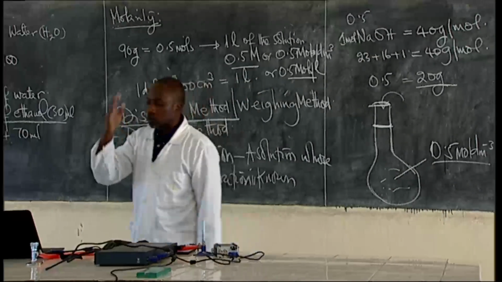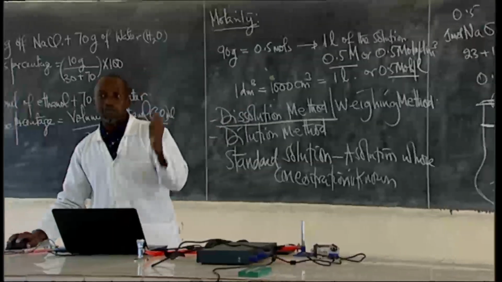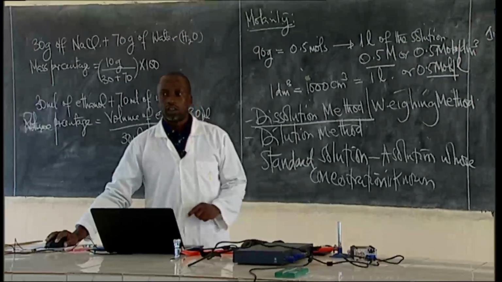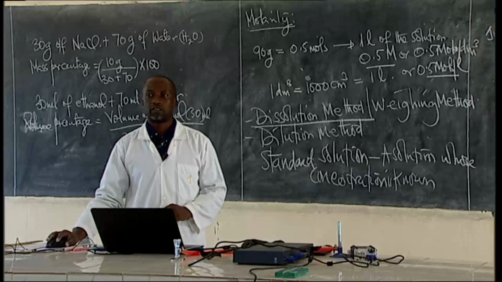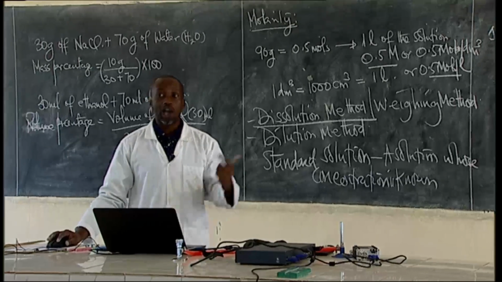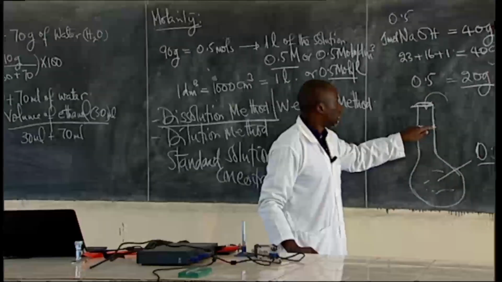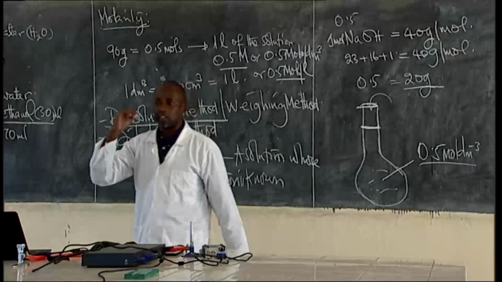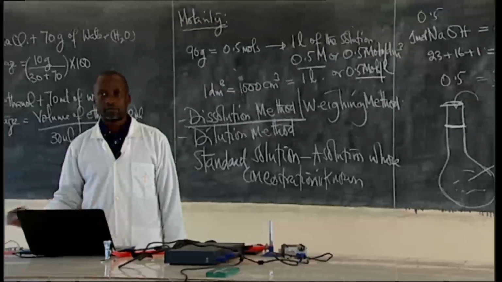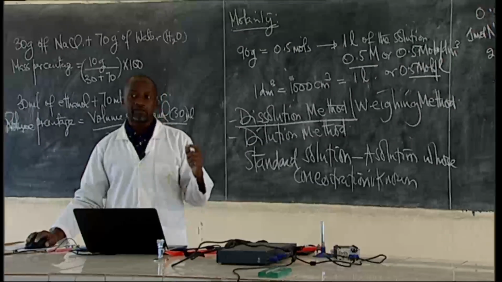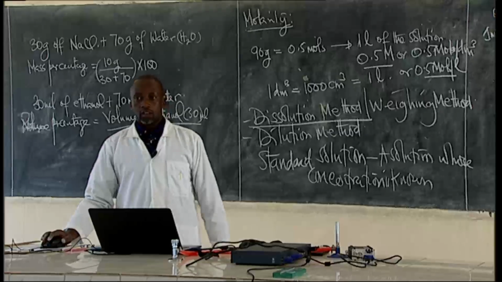Those are the steps: carefully transfer the solution into the volumetric flask, then add distilled water up to this mark to make sure that you make exactly 0.5. That is very, very important.